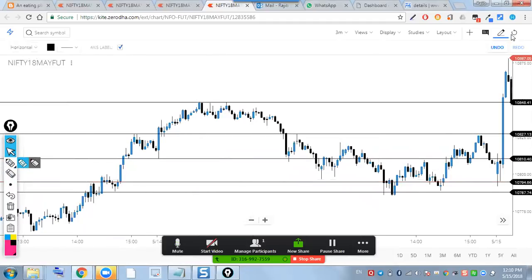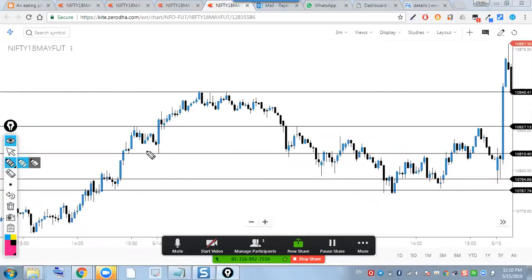Look at this. This was the minor swing, and this is a major swing, and the price responded exactly there. Then this is a resistance, a breakout happens, price takes support there, and it stopped here.